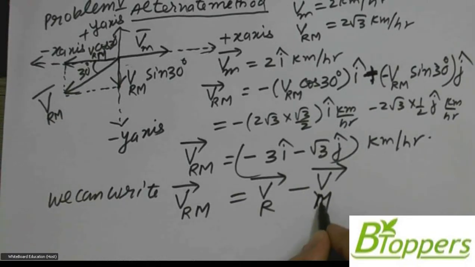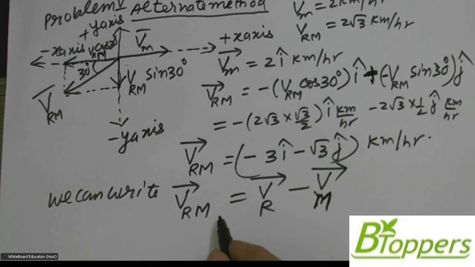So here V_R bar represents the actual velocity of raindrops and V_M bar is the velocity of the man. V bar subscript Rm represents the relative velocity of rain with respect to the man.